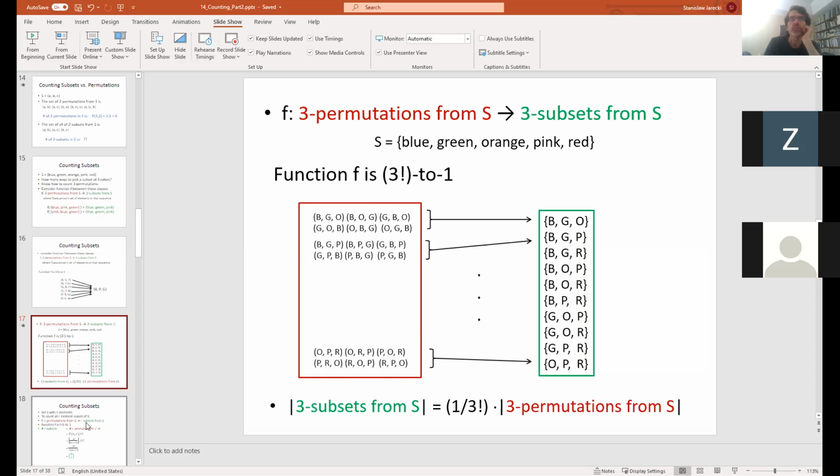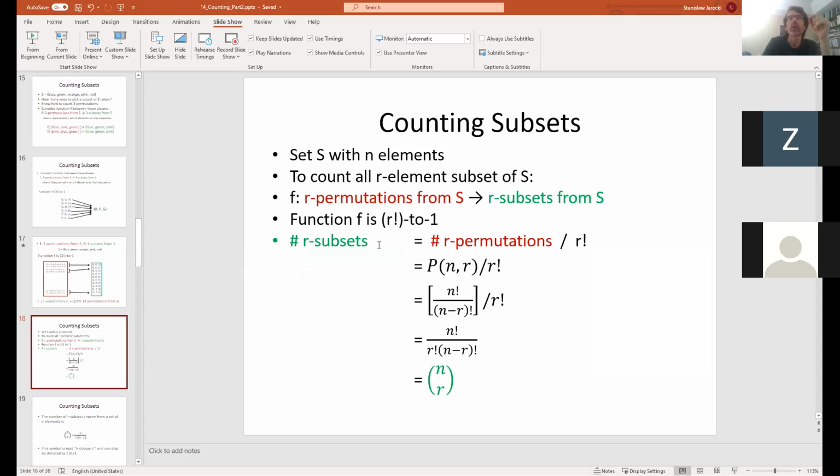And so the number of subsets is the number of permutations divided by r factorial. Permutations is this symbol, P(n, r), but now I divide it by r factorial.